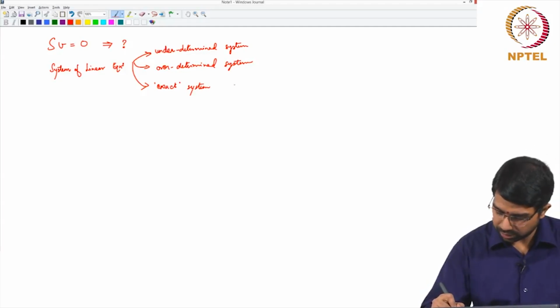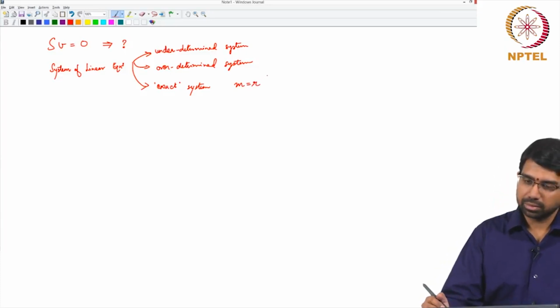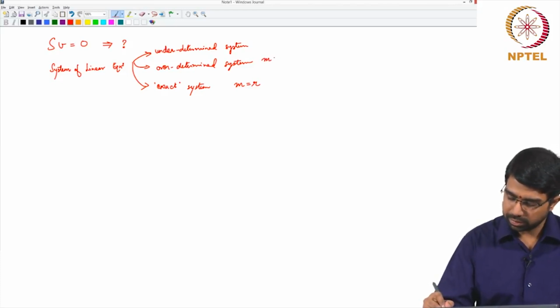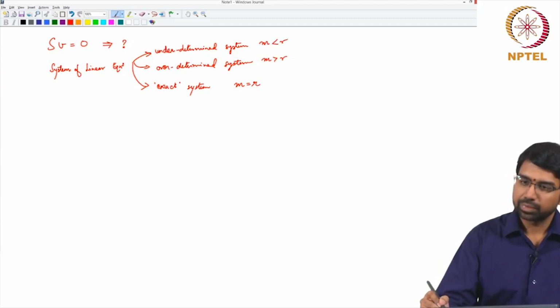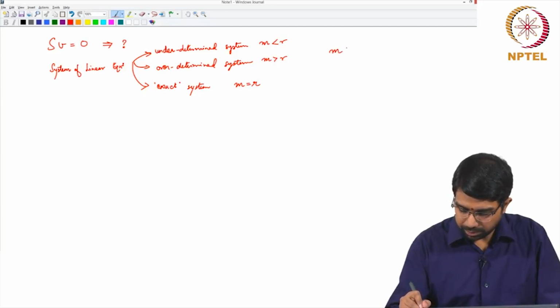So, this is m equal to r. What does overdetermined mean? m greater than r, and underdetermined is m less than r. So, once again, what is m?